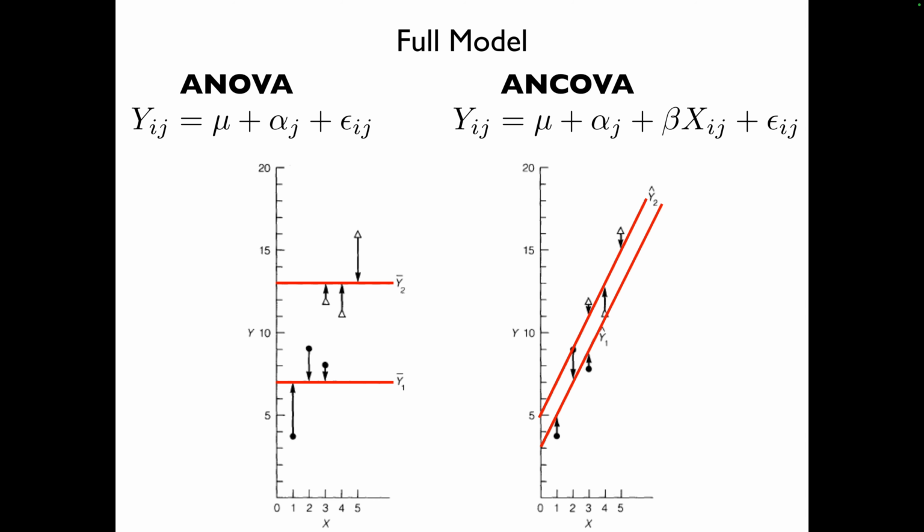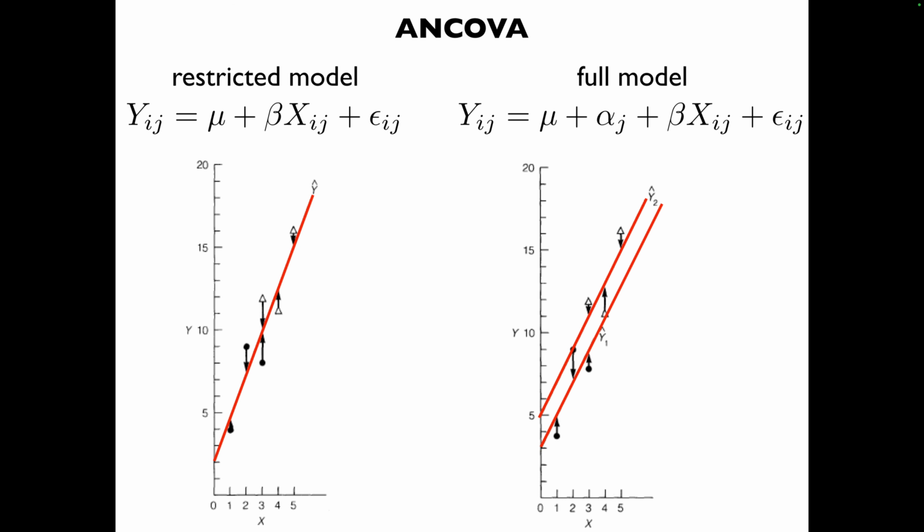But the default ANCOVA model is all groups have the same slope. So alpha sub j in plain ANOVA, alpha sub j in ANCOVA, they're both representing intercepts. And in ANCOVA, that beta variable represents the slope of the line. And it's the same beta for all groups.